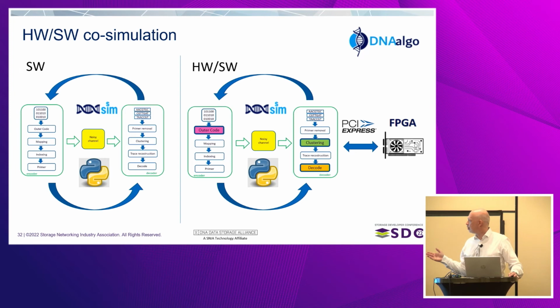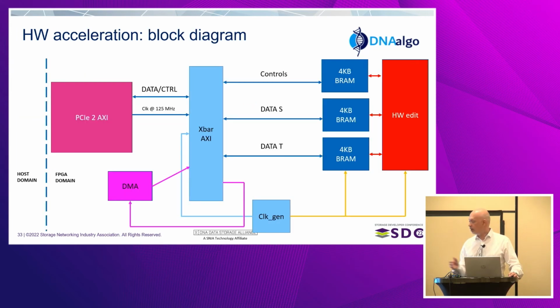And here you see on the left-hand side what Alessia has already shown, the high-level picture of our simulator, which is written in Python. And then we have a PCI Express card with an FPGA on board. The example that I brought here today is exactly about the edit distance calculation, so the whole table that Alessia just explained.